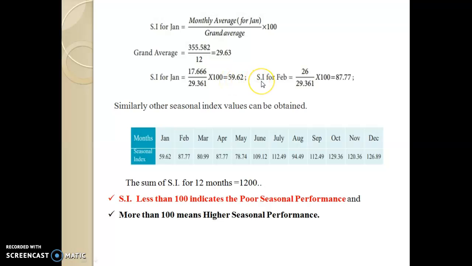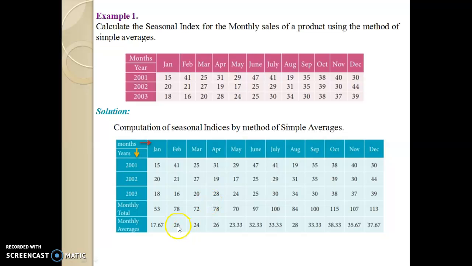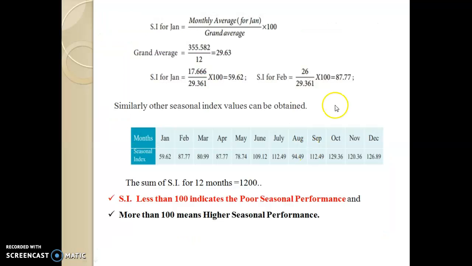Similarly for the second month, the seasonal index for February equals 26 divided by the grand average 29.361 multiplied by 100, equals 88.77. Similarly, other seasonal indices can be obtained.